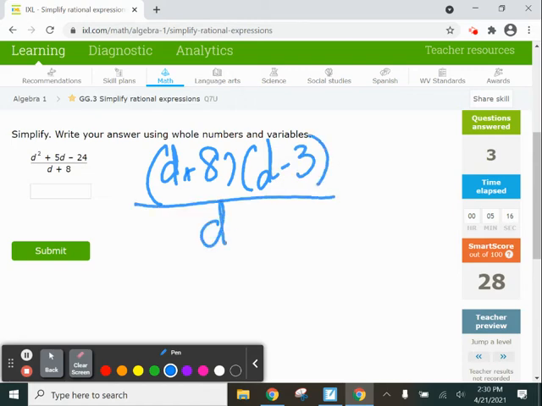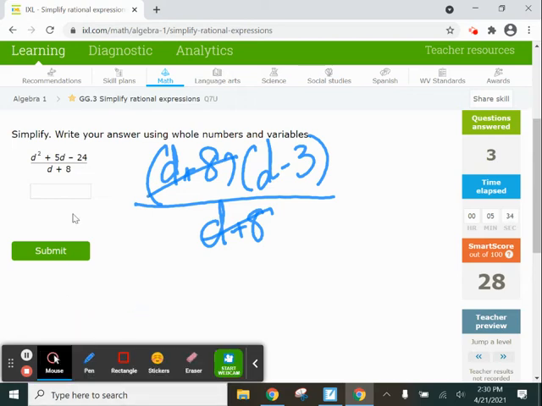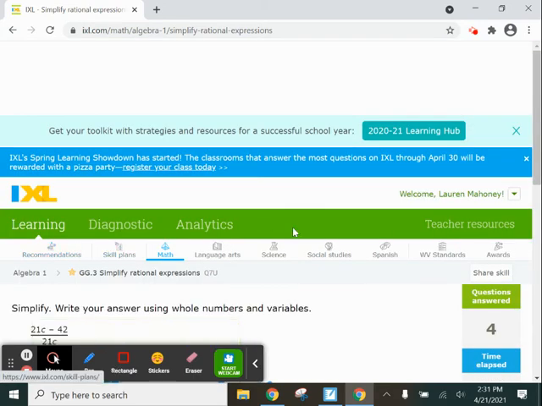On the bottom, you still have the d plus 8. D plus 8s are the same. We can cross those out, and then you're left with d minus 3. And that's going to be your basic idea behind this one, is just going through and doing your simplifying. So we'll go back here, type in d minus 3, and that is going to be our final answer.